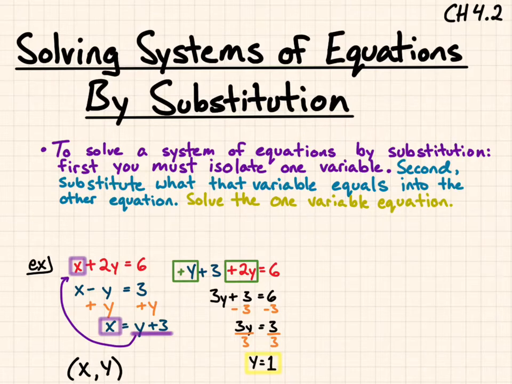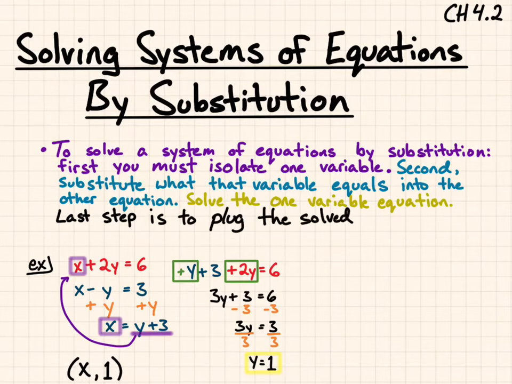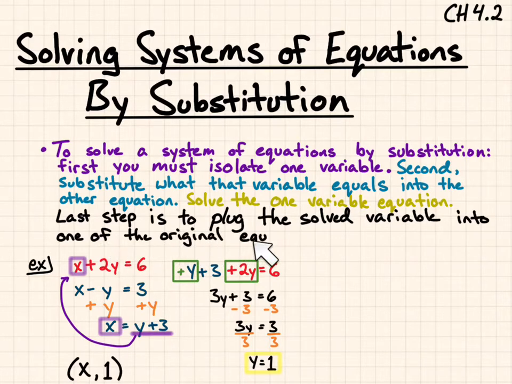Now, the last thing I'm going to be doing, I can substitute 1 in for y. That's part of my solution. I got the y variable done. Now, the last step is to plug the solved variable into one of the original equations. I could plug 1 in for y here or 1 in for y here. It doesn't matter.